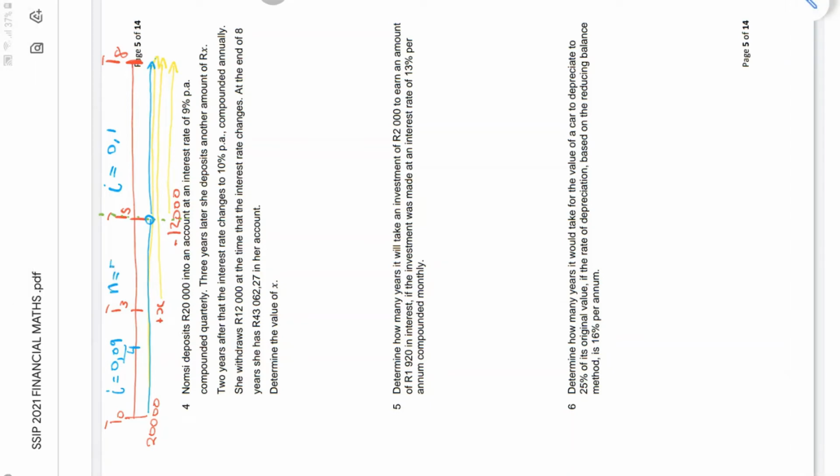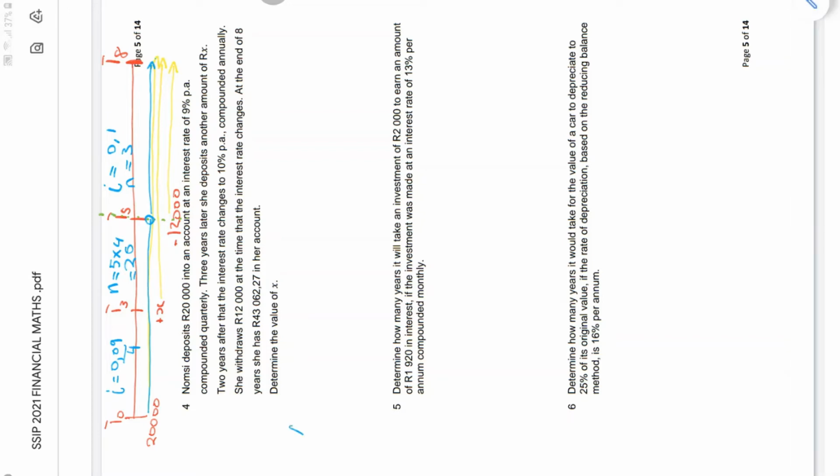So for the first 5 years, our n will actually be 5 times 4 quarters, which is 20. And then for the next 3 years, our n will just be 3 years. So let's first deal with the 20,000. First, the formula: A equals P brackets 1 plus i to the power n.